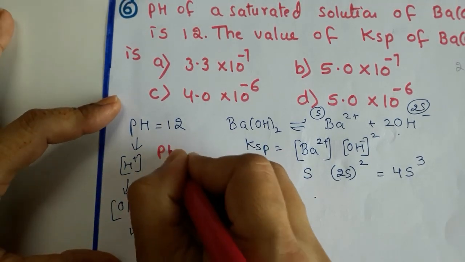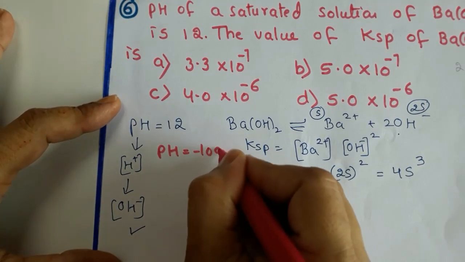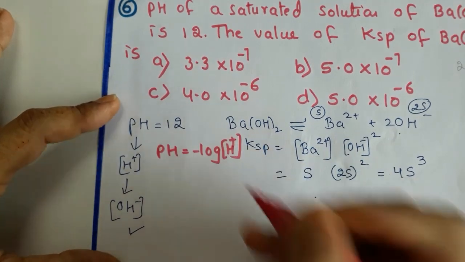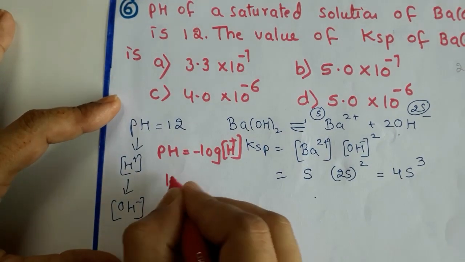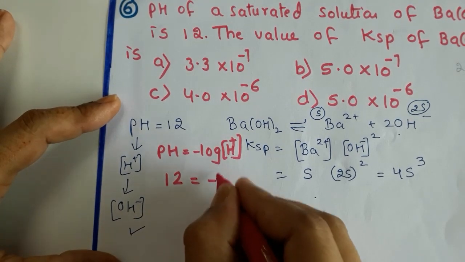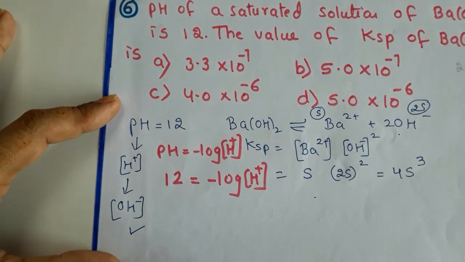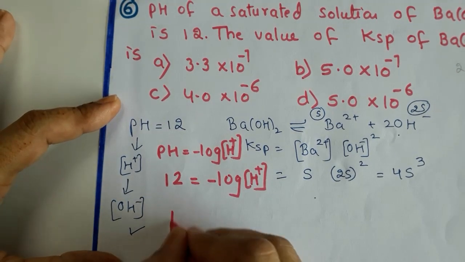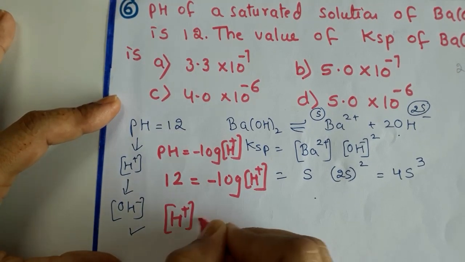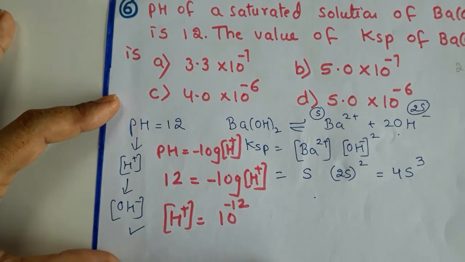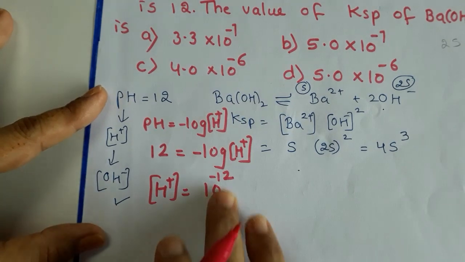So pH is equal to minus log base 10 concentration of H plus. Okay, pH they have given 12. So 12 is equal to minus log base 10 concentration of H plus. So when you solve this, students, what you will get? H plus is equal to 10 raised to minus 12.